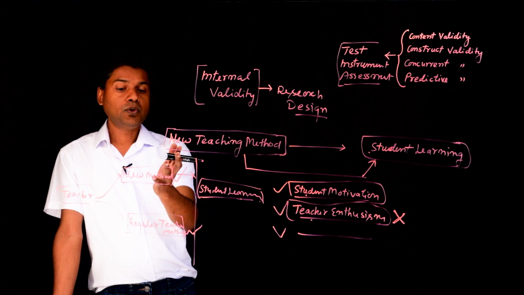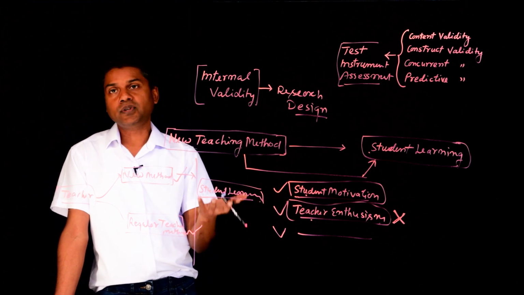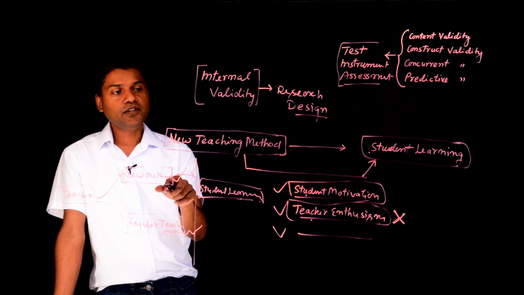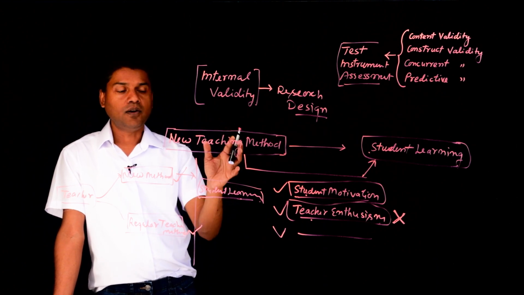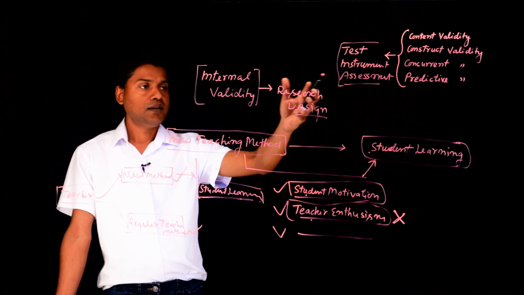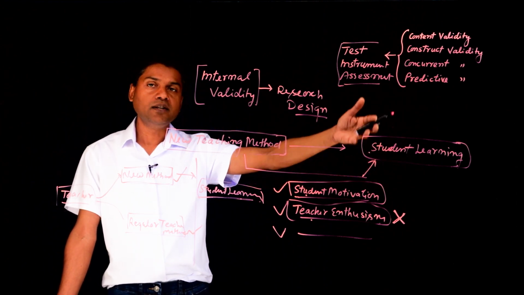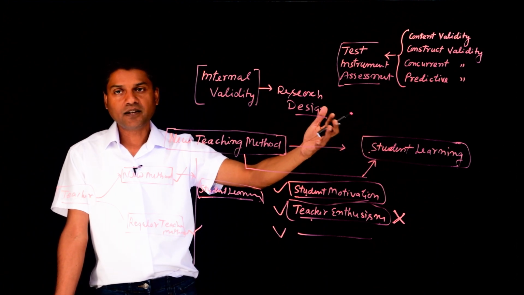So teacher enthusiasm doesn't come into the picture here because the teacher is the same. And in that case, you could establish a clear connection to answer the question of whether the new teaching method is contributing significantly to student learning or there is no difference. Did you get my point?